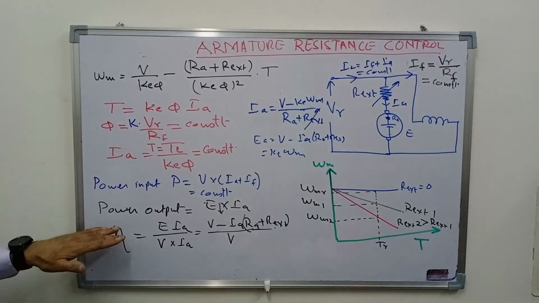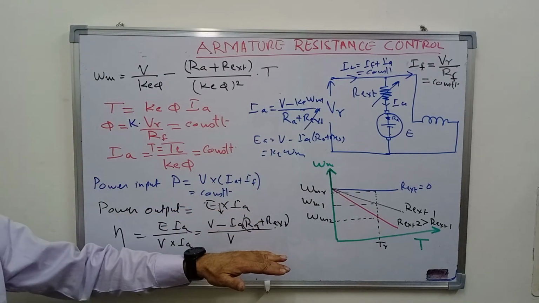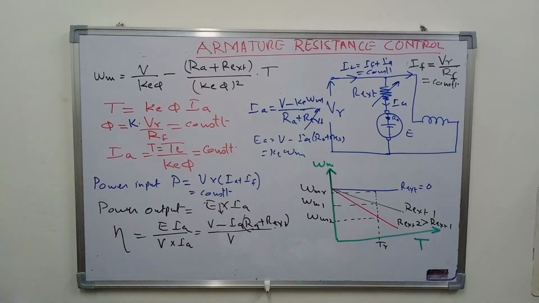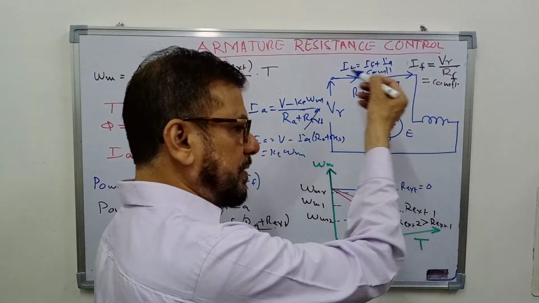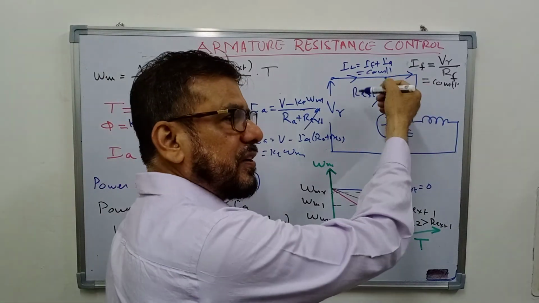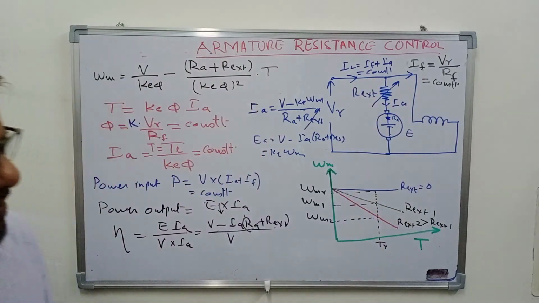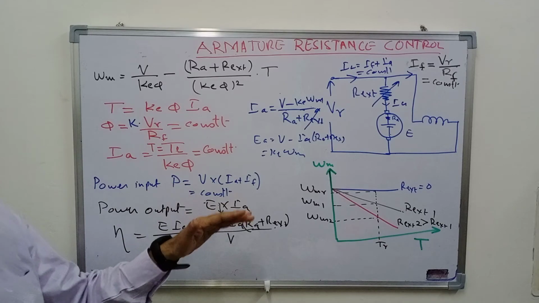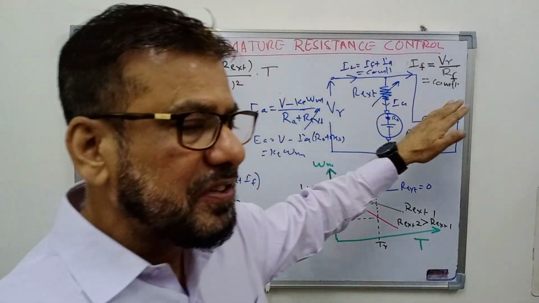This means that the power output is decreasing. Input power is constant, but the output power is decreasing. So actually what we are doing here is that we are wasting some of the input power in the external circuit resistance. So this means that efficiency of the motor will go on decreasing as we go on adding the resistance in the armature circuit.